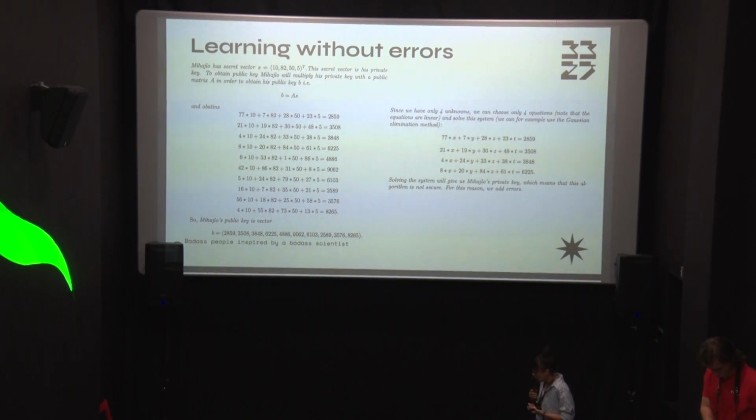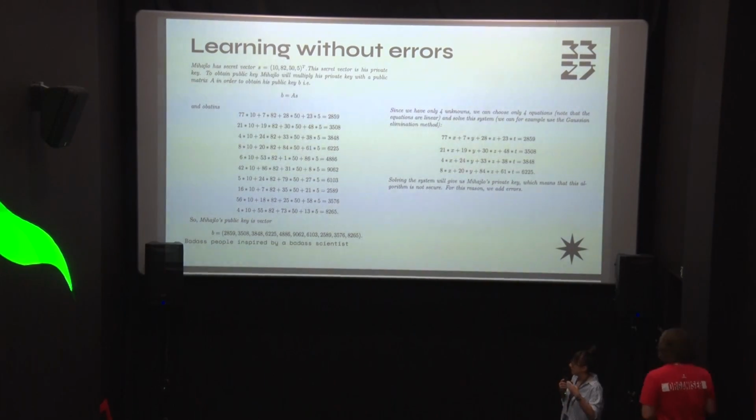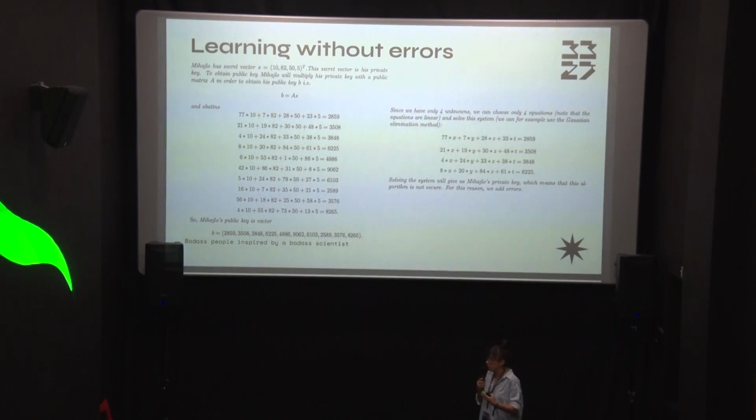But we know that there exists a solution of this system of linear equations, and the solution will be the private key. So instead of considering this system of equations, we can consider a system of 4 equations. So we can choose the first 4 equations and obtain this system.